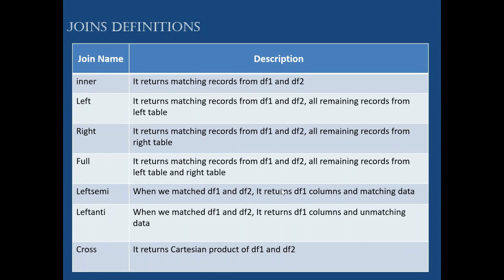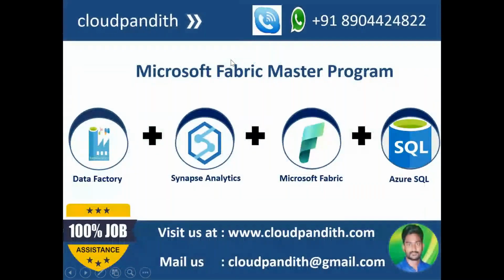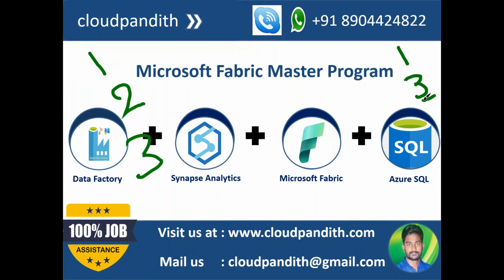Okay. Now let's take an example. I have a left table with 1, 2, 3. I have a right table with 1, 3, 5. Now let me ask Ajar Basha, can you tell me for left join, how many records are going to come?